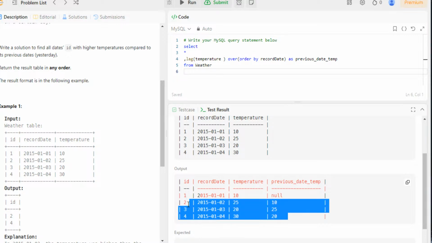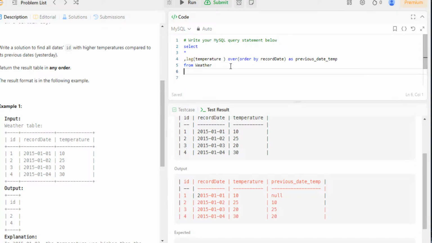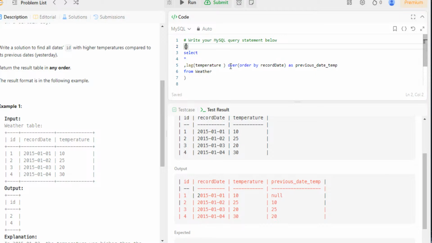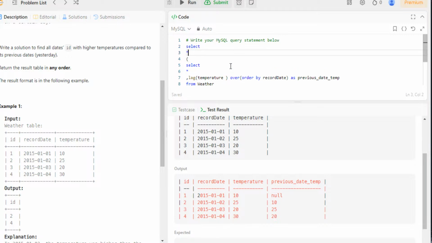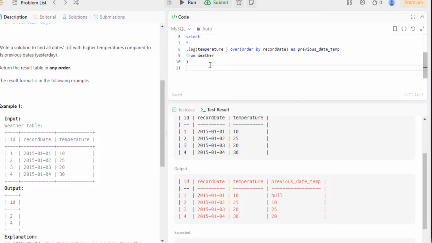Okay. I'll finish that in a second. So now, sub, select, let's just make sure this works, from, oh, I didn't name this, sub.